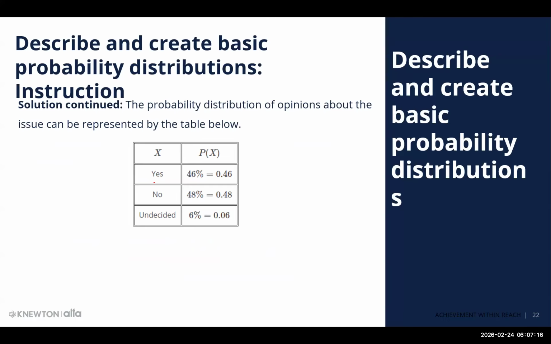So it's essentially like a three-sided coin, if you can imagine that. Sometimes it lands on yes, sometimes it lands on no, and then the other time it lands on undecided. And if we want to continue with that analogy, it's a weighted coin, and this is how it's weighted.